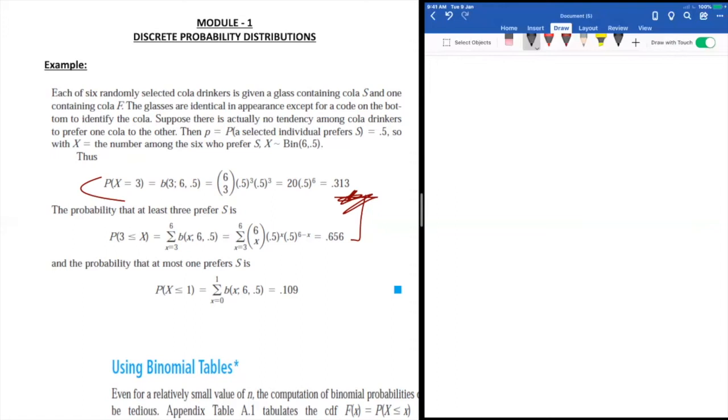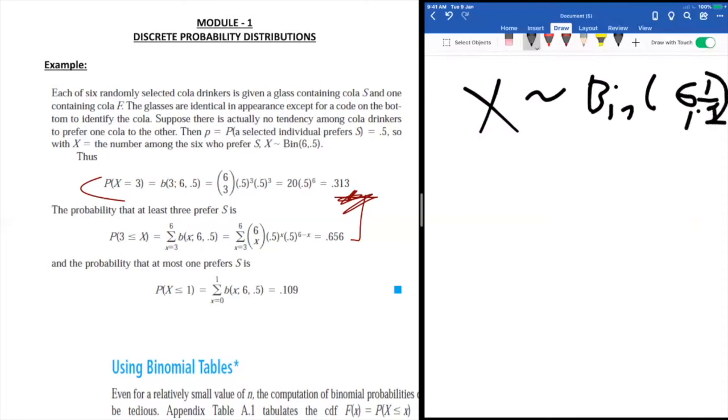The random variable X is the number among the 6 persons who prefer success. X is binomial with n equal to 6, p equal to 1 by 2.